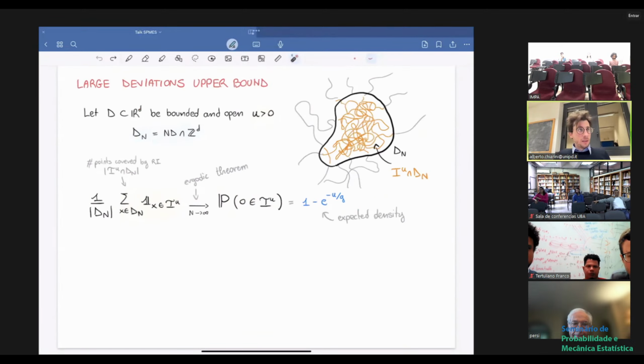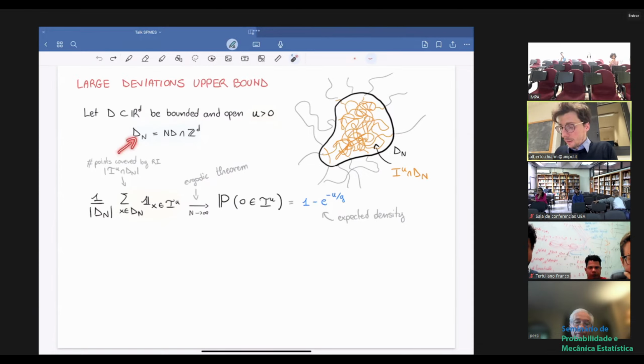Let's see the thing for random interlacements first. So here I'm just repeating, I have a subset of R^d, open, bounded, regular enough, and u is some intensity for my random interlacements.